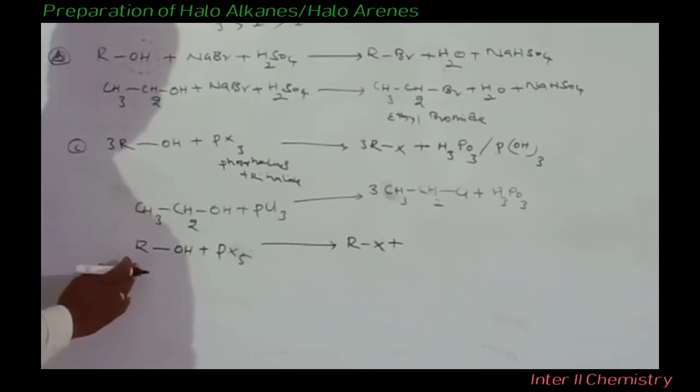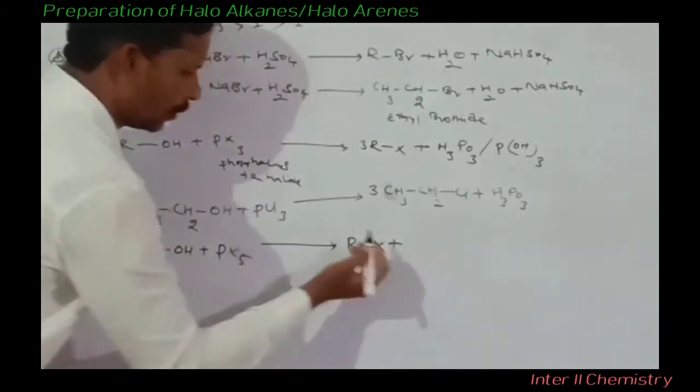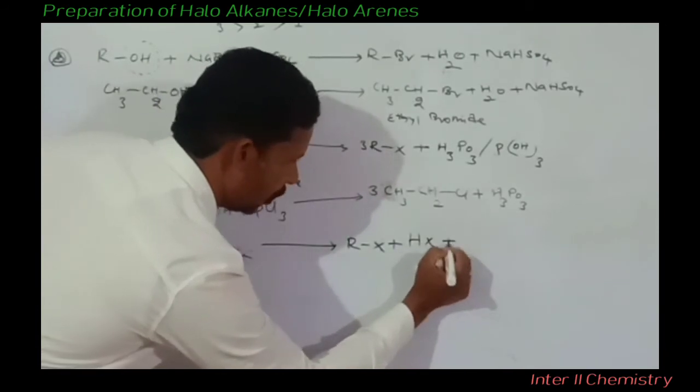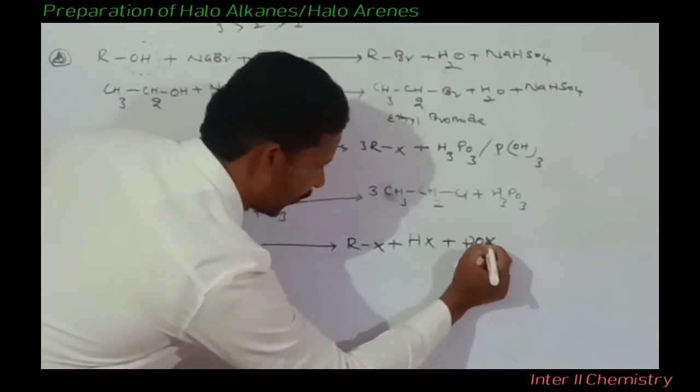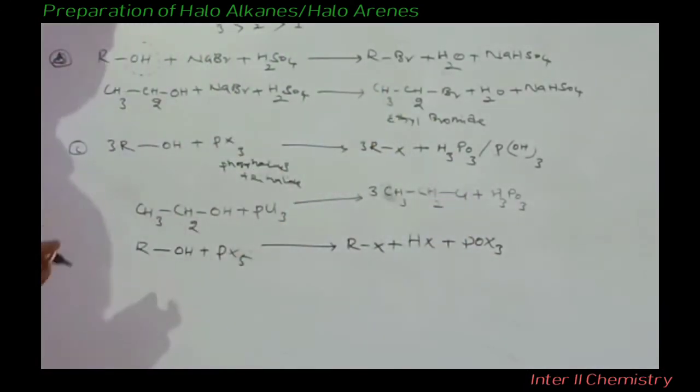Next, you write ROH, and here you get HX and POX3, phosphorus oxytrihalide.